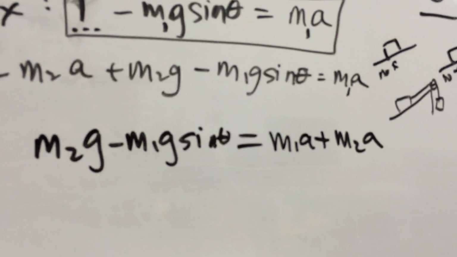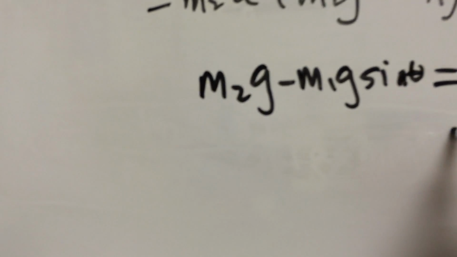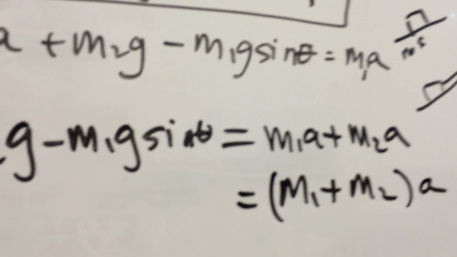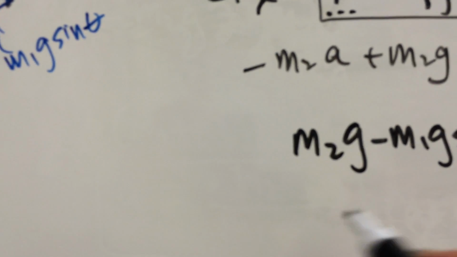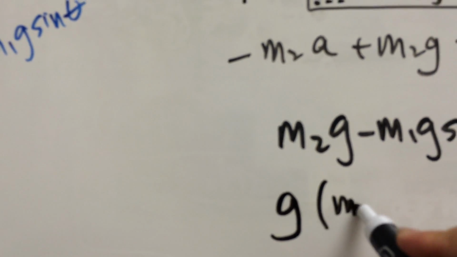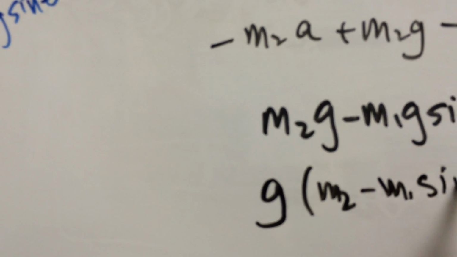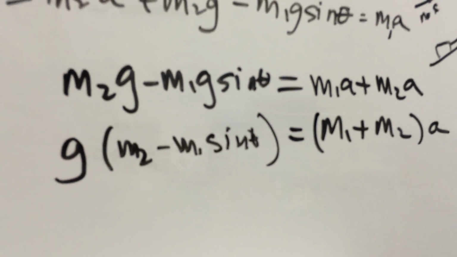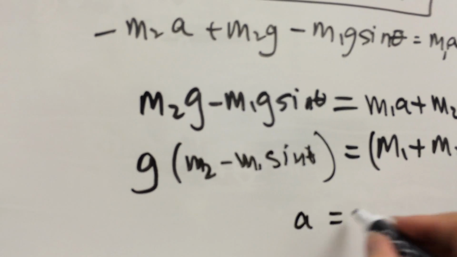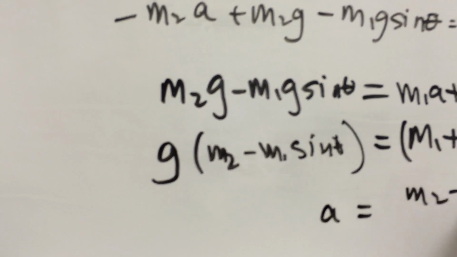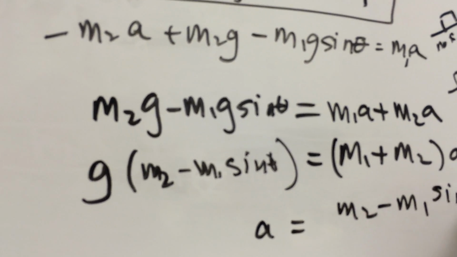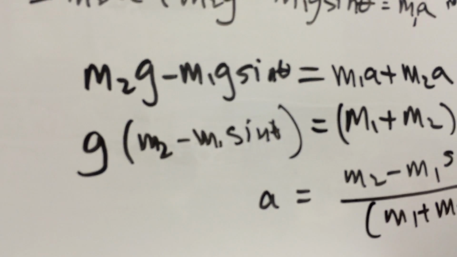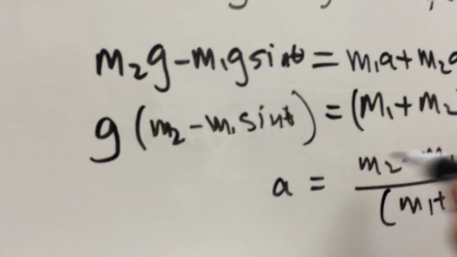So m1 plus m2 times a on the right-hand side. On the left-hand side, we can pull out a g, so we end up with m2 minus m1 sine theta. We divide both sides by m1 plus m2. The acceleration is going to equal (m2 minus m1 sine theta) divided by (m1 plus m2), multiplied by g.